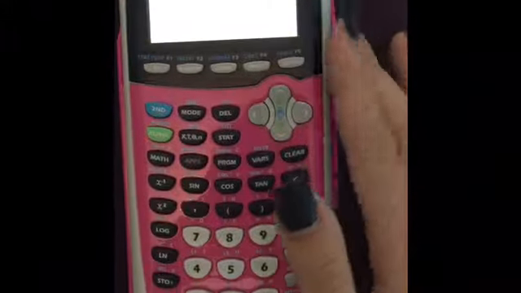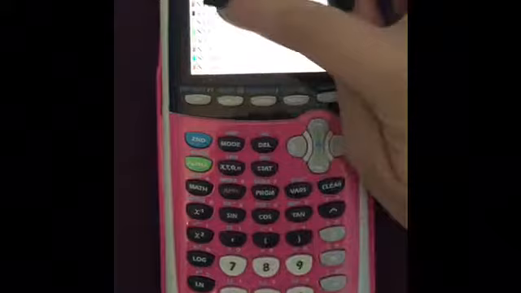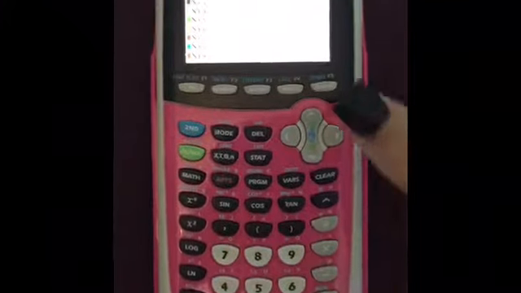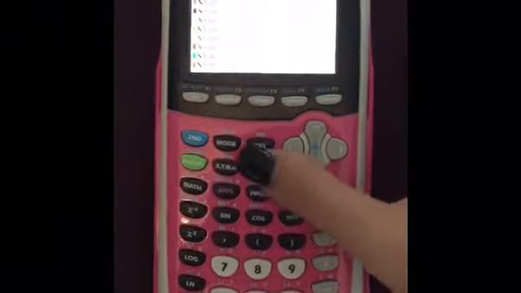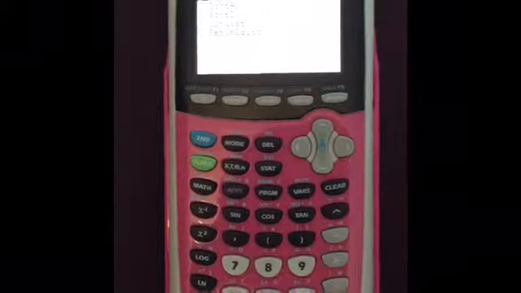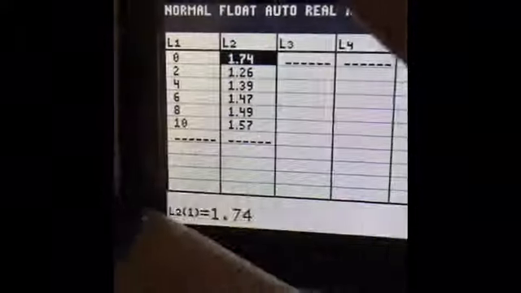Find the line of best fit using a graphing calculator. Go. Okay, first you hit y equals. Make sure plot 1 is highlighted. It is. Go to stat. Edit. Fill in L1 for x and L2 for y.